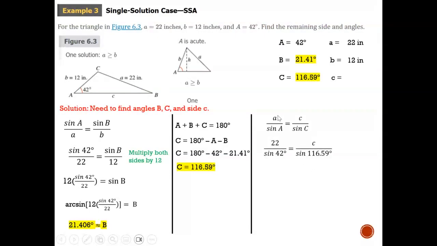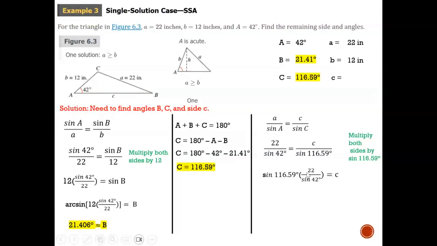Now let's plug everything in. Side A is 22 inches. Angle A is 42 degrees, so it'll be sine of 42 degrees. We're solving for side C. And angle C is 116.59, so it's going to be sine of 116.59. We multiply both sides by sine of 116.59.